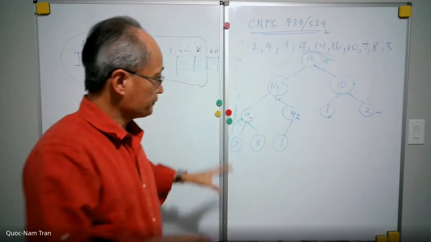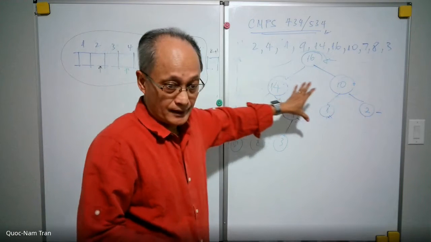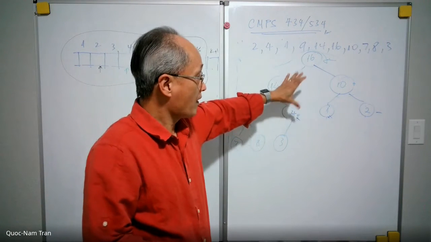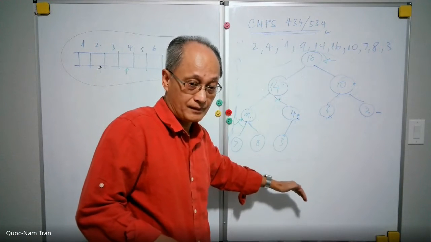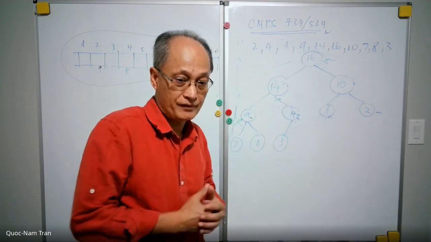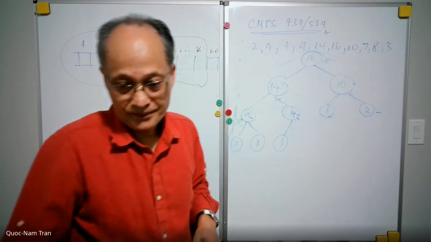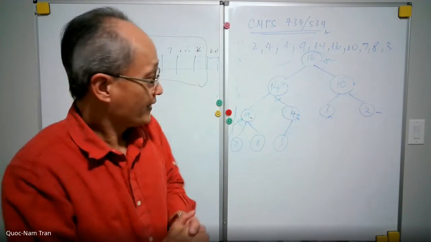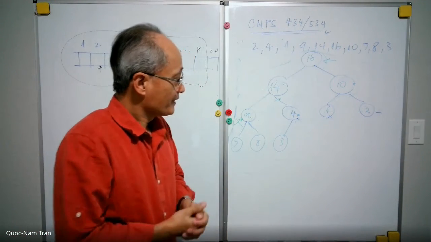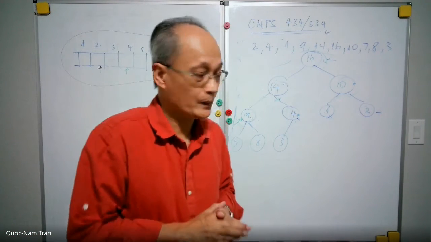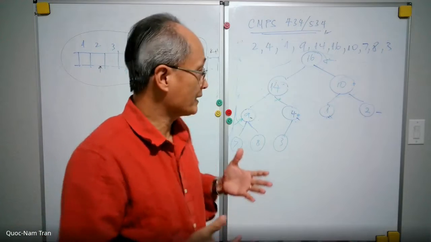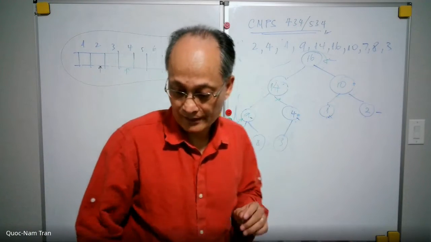So you can try to find out how you can prove the correctness of this. We call it reheap down, or sometimes heapify. Let me show you the algorithm first, and then we will talk about how we can prove that the algorithm is correct.